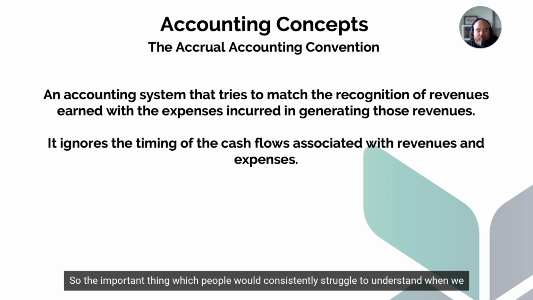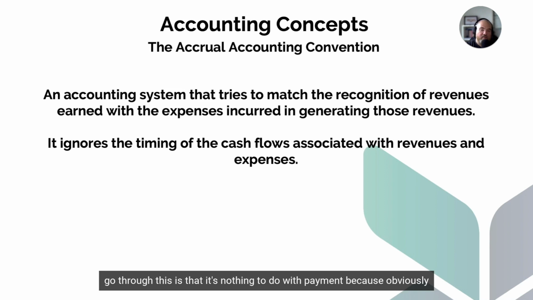The important thing which people consistently struggle to understand when we go through this is that it's nothing to do with payment. Obviously you get credit terms from your suppliers, and you might give credit terms to your customers. You need to forget anything to do with payments. Payments is cash flow. This is about the correct calculation of profit in a period.